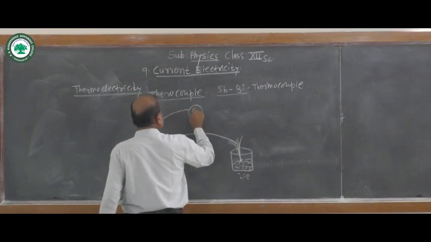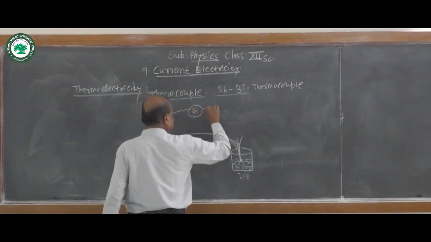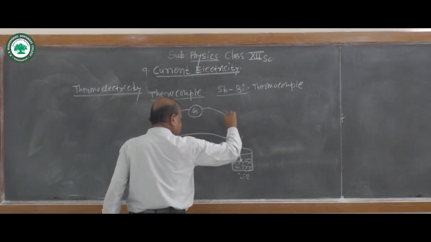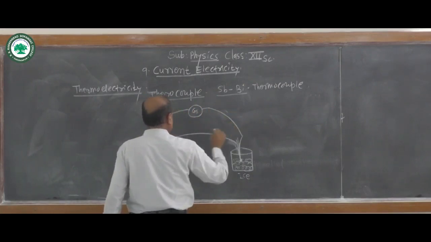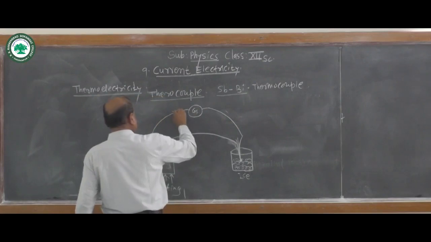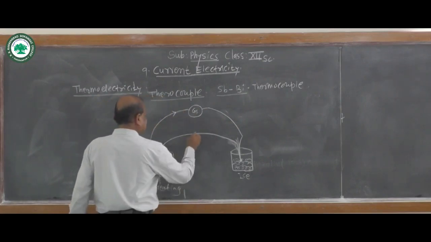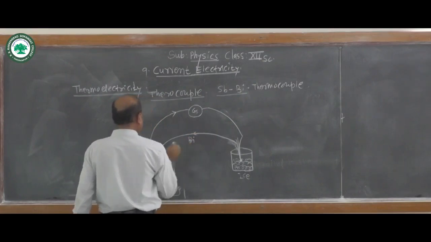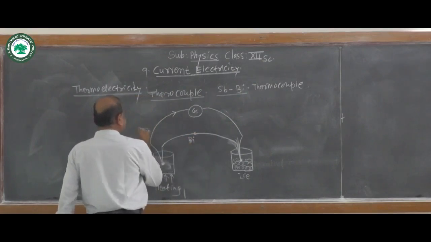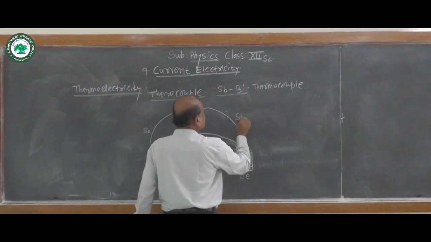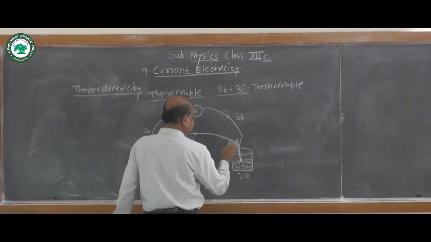Now this is connected to a galvanometer. We show the current flowing through this circuit. This is bismuth and this is antimony. Direction of current is there.